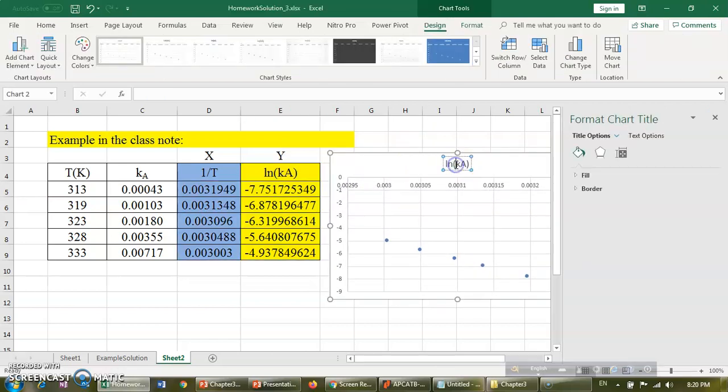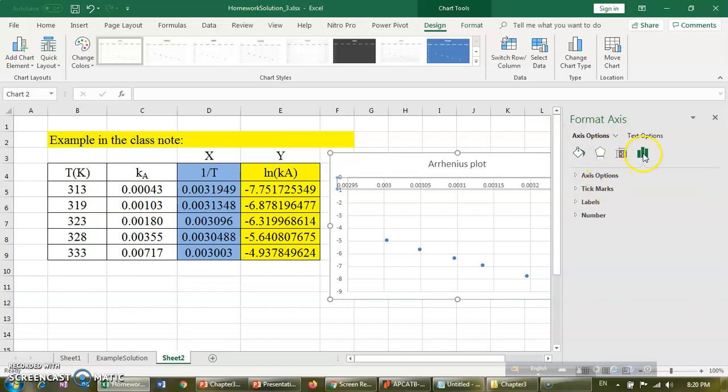This is an Arrhenius plot, so we can change the title of the plot. Just write down the name like this. Also you can select this thing and text.